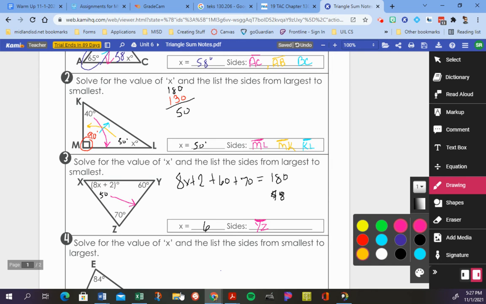And I go to the next one, which is 60, across from it is XZ. And then across from the largest angle, 70, is XY.